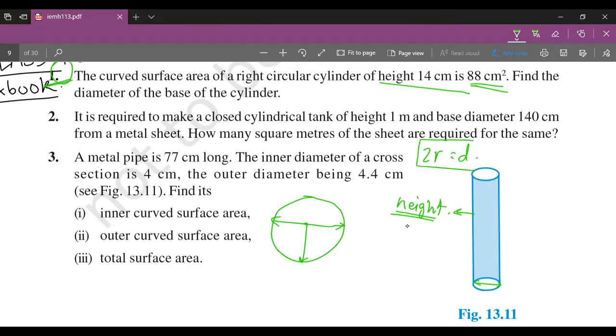This has important significance because in many questions they would ask for the diameter of the base of the cylinder, say, 14 centimeters. If they ask you that, you have to find the radius, because with the diameter you can't solve the sum. In this question, they have asked us to find the diameter of the base of the cylinder.